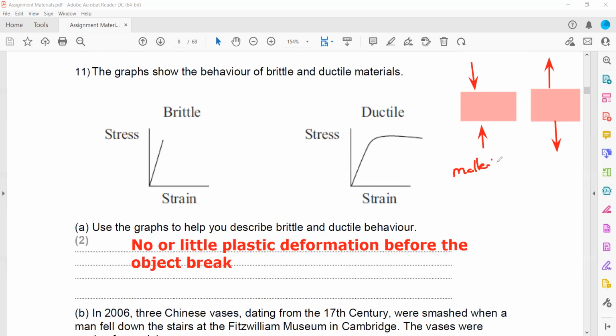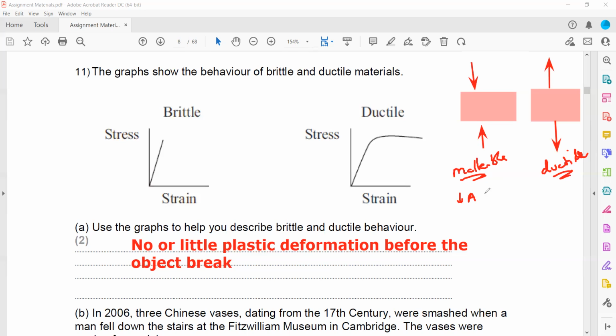Sir, what happens to the area in malleable and ductile objects? The total surface area will change. Means it will increase or decrease? Here we are compressing, so when you are compressing something, the surface area will decrease. Here we are stretching an object, so the surface area will increase. But the total volume remains the same. If the area is changing, one of the dimensions, the length, will also change, but the volume will remain the same.